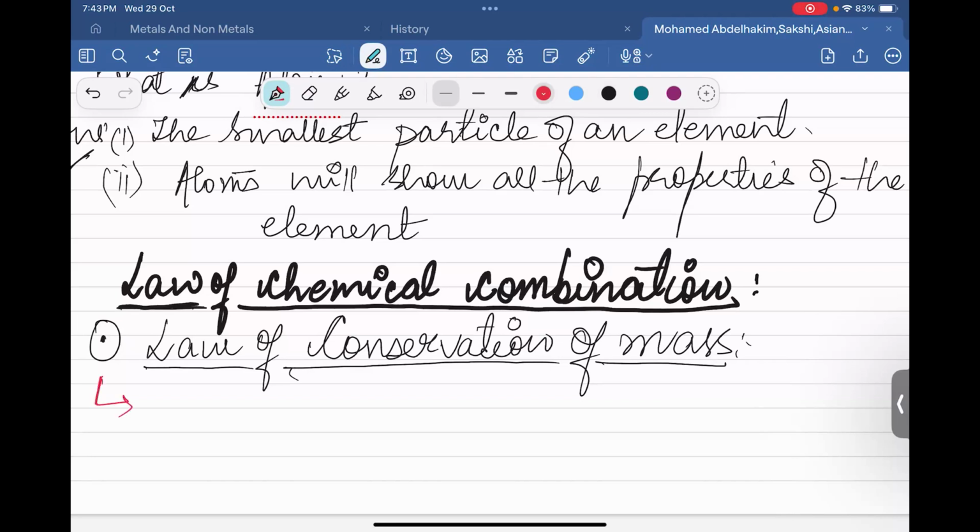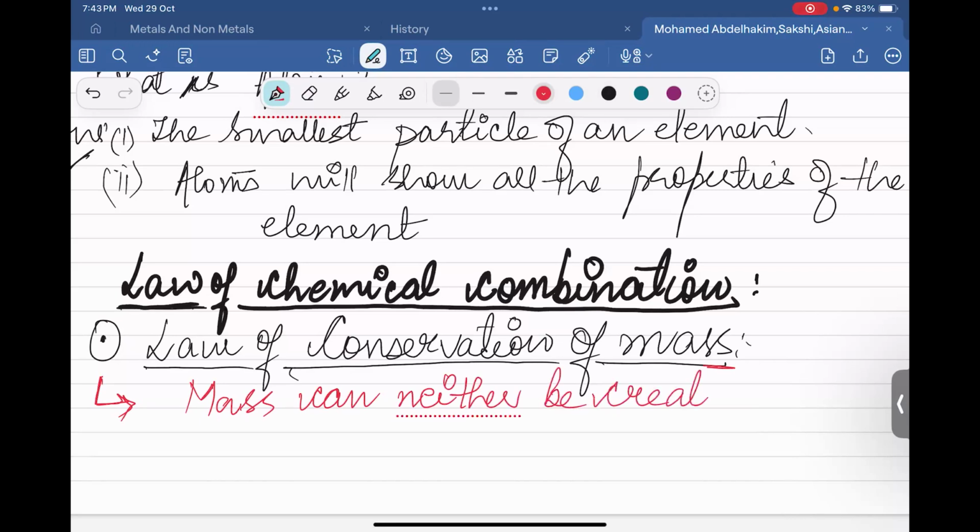No, ma'am. Okay. This law states that mass, this is the conservation of mass, so we will write: mass can neither be created nor be destroyed. This is the first law.